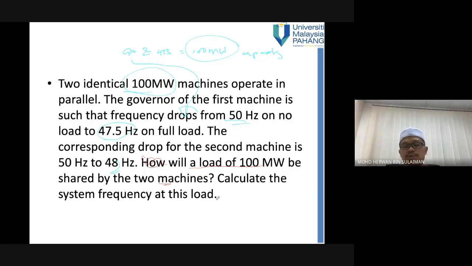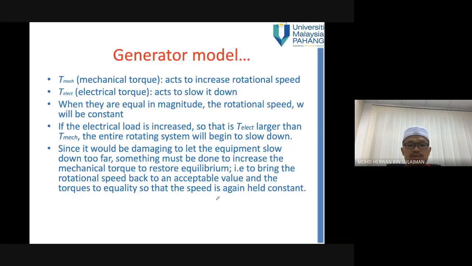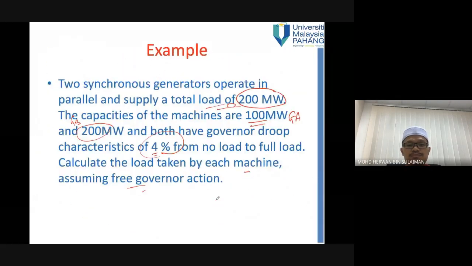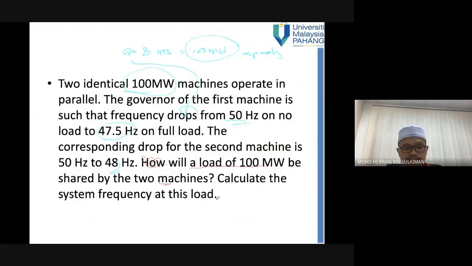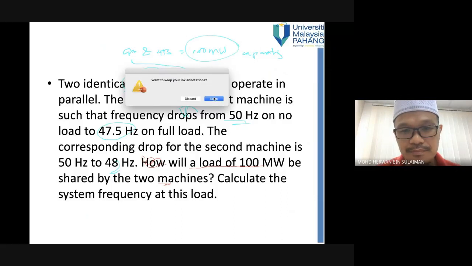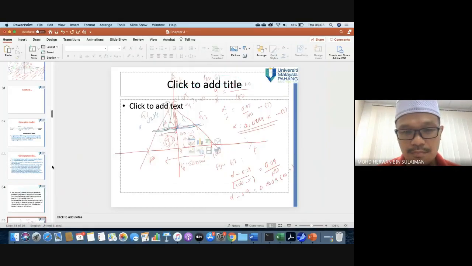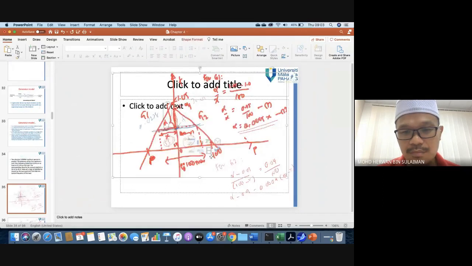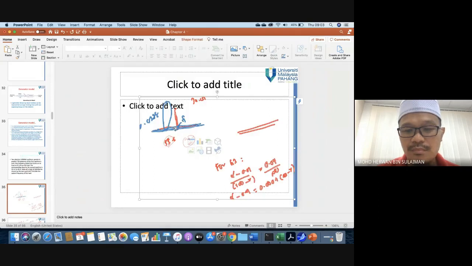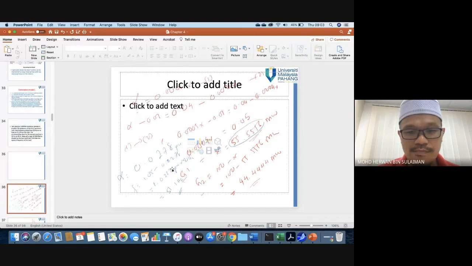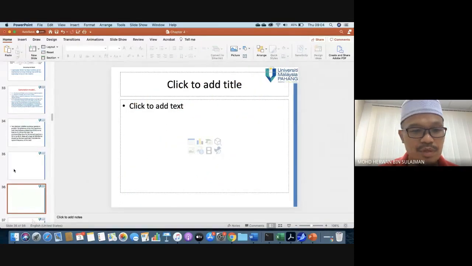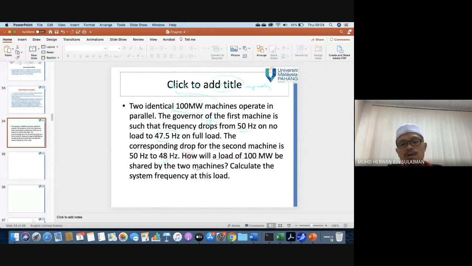So this is a typical example. Basically, if you remember our example yesterday, we had the droop. So now the problem is how we want to find the droop.